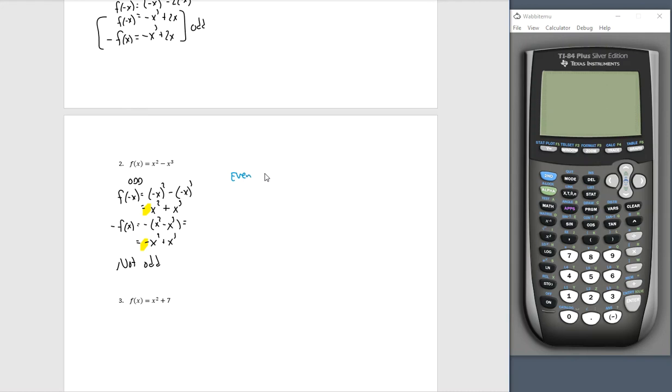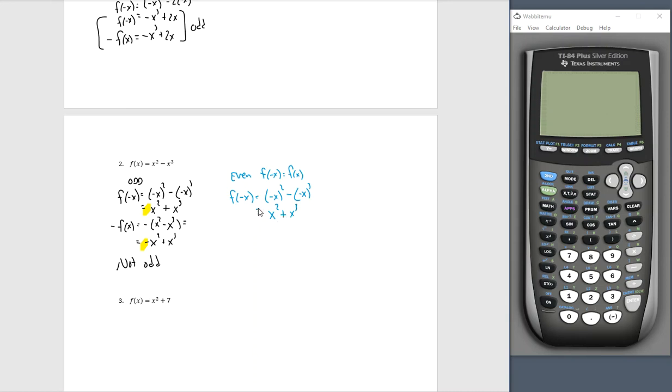Remember, if a function is even, then f of negative x will equal the same as just f of x. So let's find f of negative x. So that's negative x squared minus negative x cubed. All right, we just did that. We know that this simplifies to x squared plus x cubed.